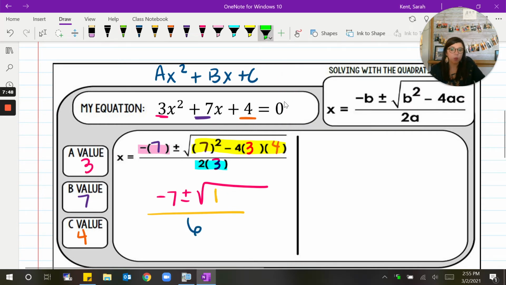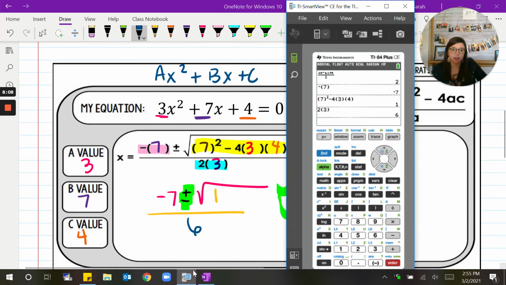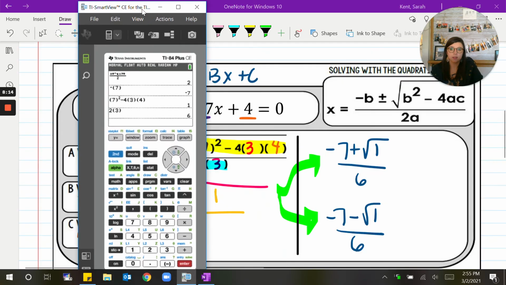So now this is where we use the plus or minus to get 2 answers. So I'm going to have negative 7 plus the square root of 1 over 6, and negative 7 minus the square root of 1 over 6. So on my calculator, I go and type in, get a fraction, negative 7 plus square root of 1 over 6, and I get negative 1.